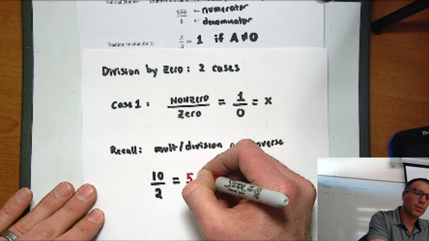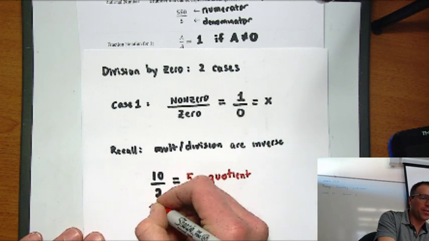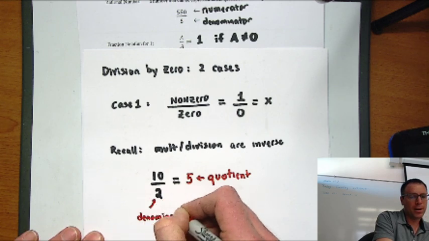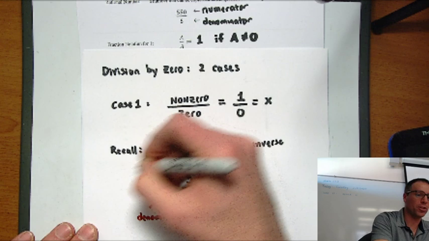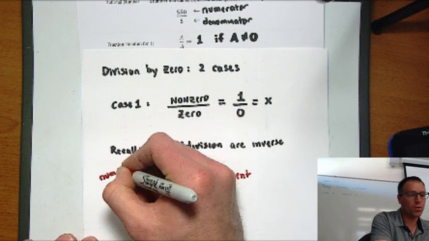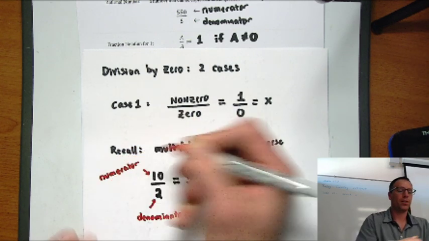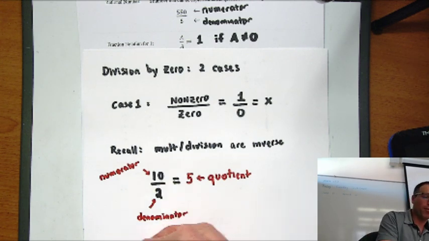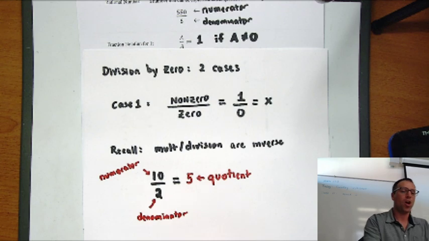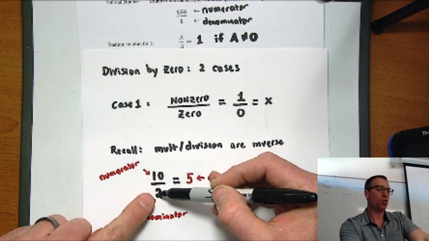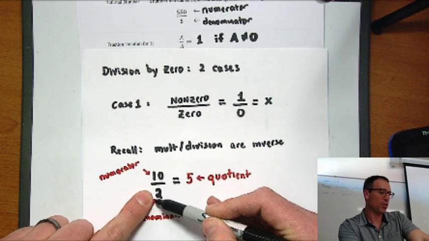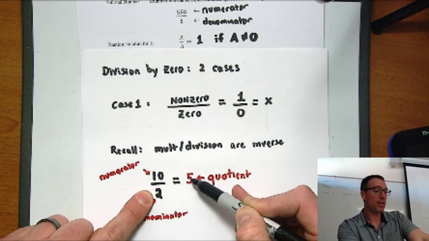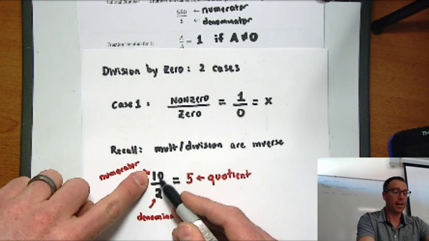And then you all said the thing on the bottom was called the denominator, and the thing on the top was called a numerator. Okay. So let's go ahead and think about this problem from the standpoint of multiplication. The reason that 10 divided by 2 was 5 is because what? 2 times 5 equals 10.